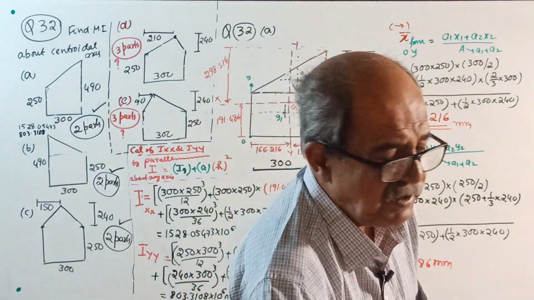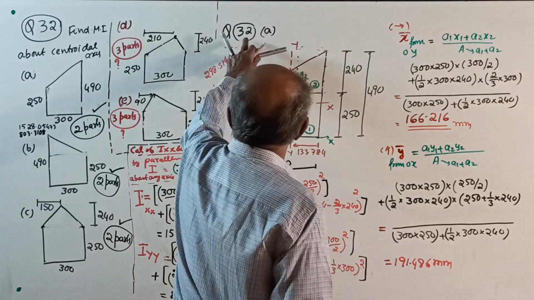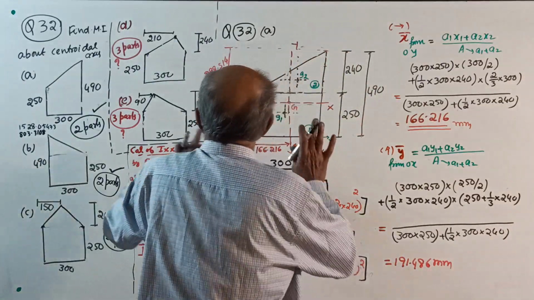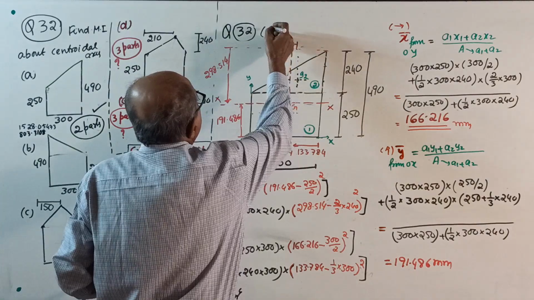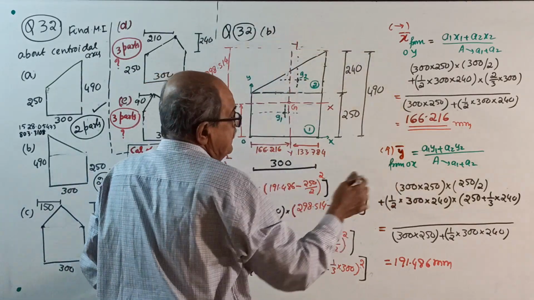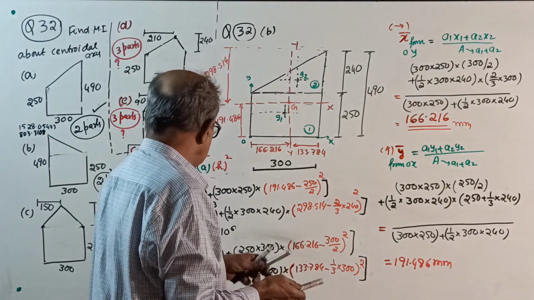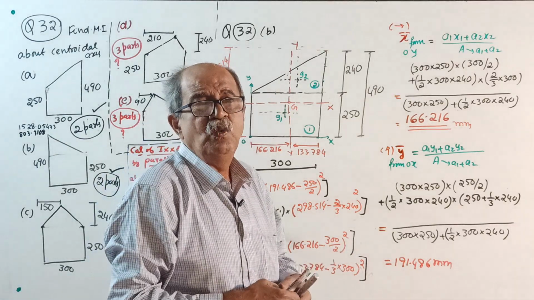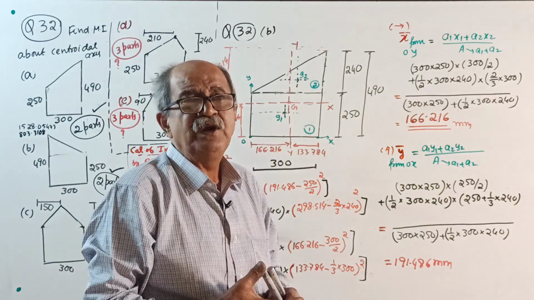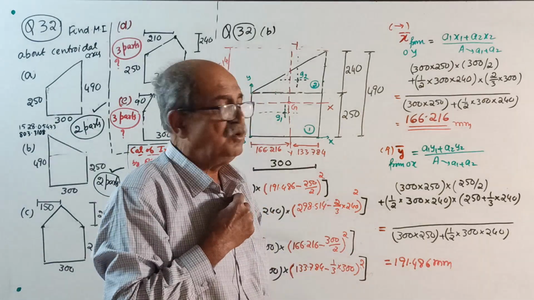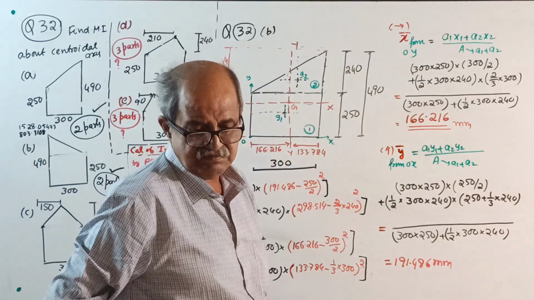This is your question number 32A. Now I will make ready for 32B. See, this time the moment of inertia I wrote in front of you. Now onwards, unless it is important, I will write it earlier only. Okay, now I will go for the next question.